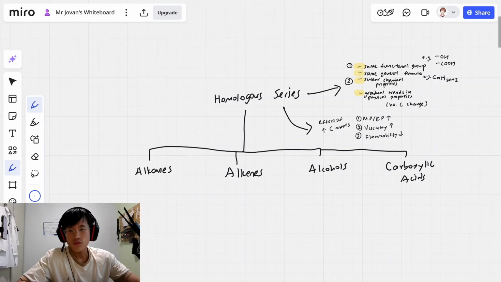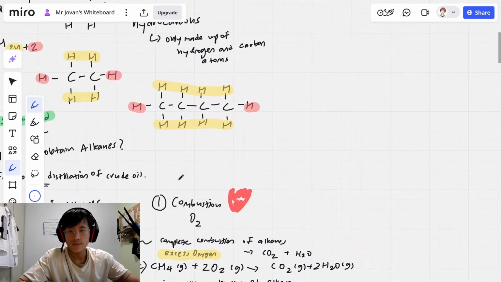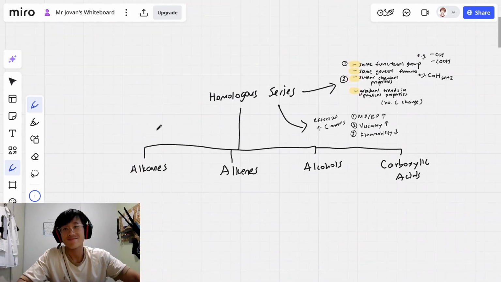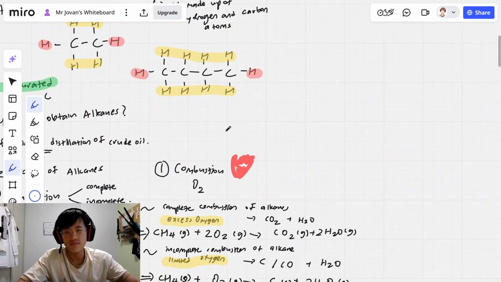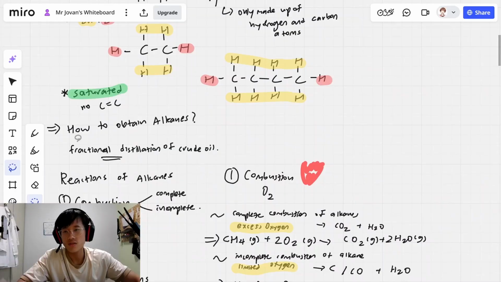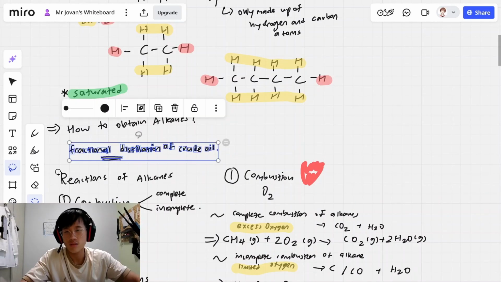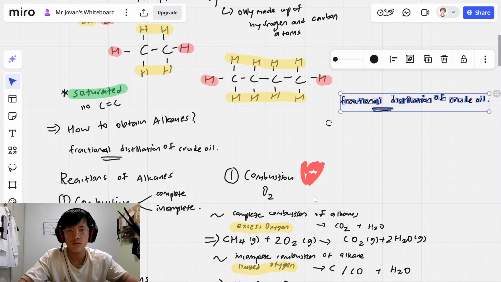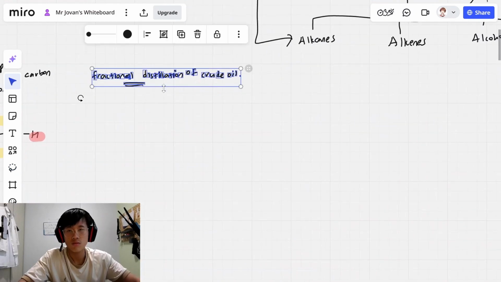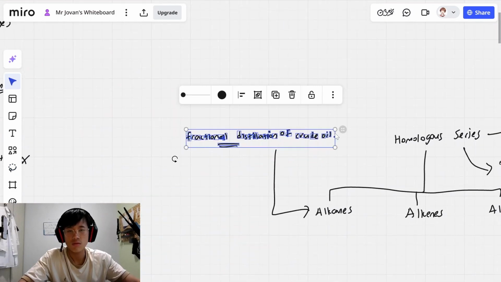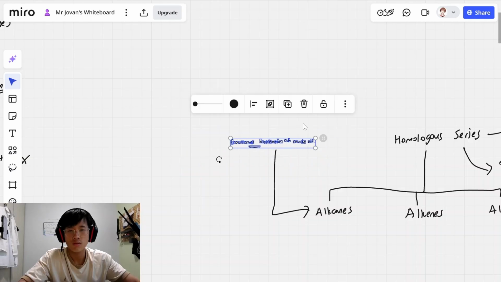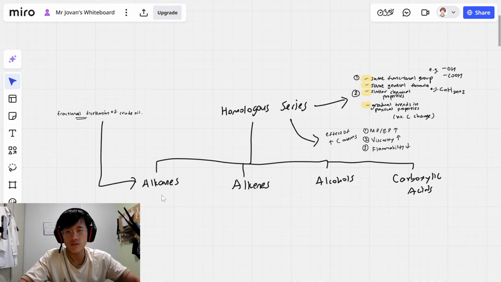Now, time for the moment of truth. How can we combine them? Let's start with production. How do we get alkanes? I just looked at it. Fractional distillation of crude oil.